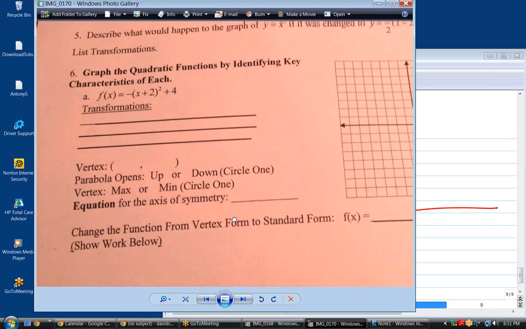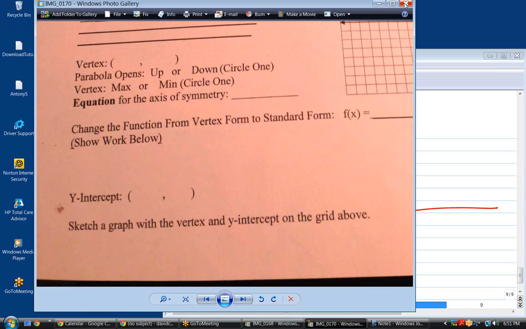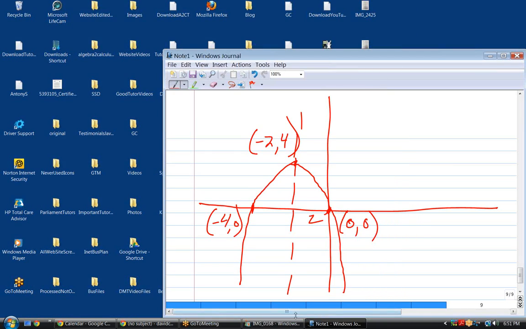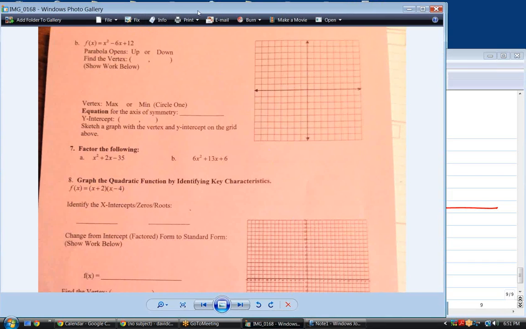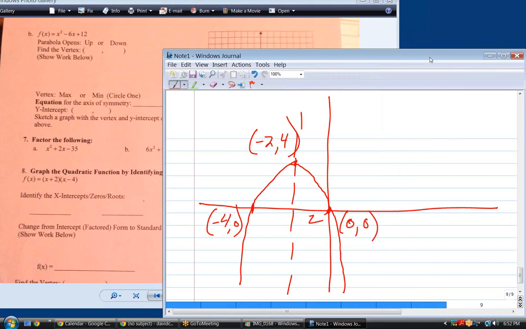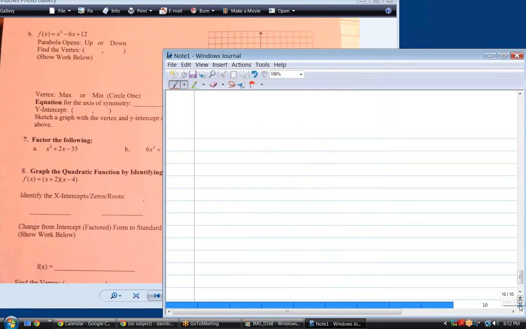Alright, so now we need to go to the next page, and same thing, more of the same. Which way does this parabola open? Does it open up? Uh-huh. Where's its vertex?